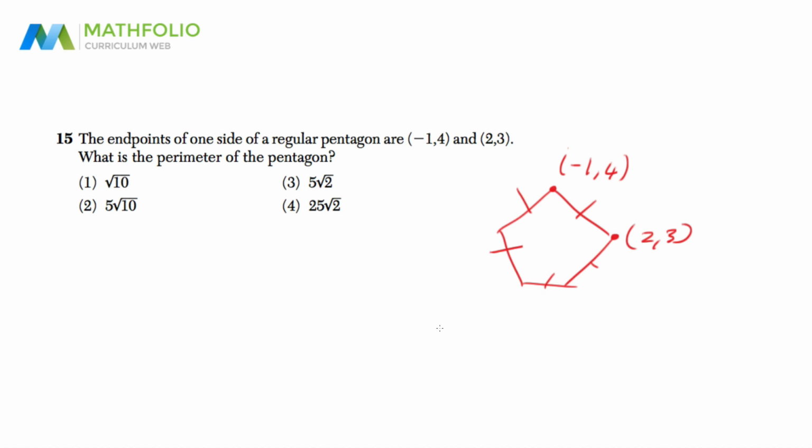So it wants to know what the perimeter is. Well, if we find this distance, then because all of them should be the same, it's a regular shape after all, the perimeter is going to equal 5x, and it's 5 because this is a pentagon, and we know a pentagon has 5 sides, and being regular means that all sides are exactly the same. So to find x, I'm going to use the distance formula.